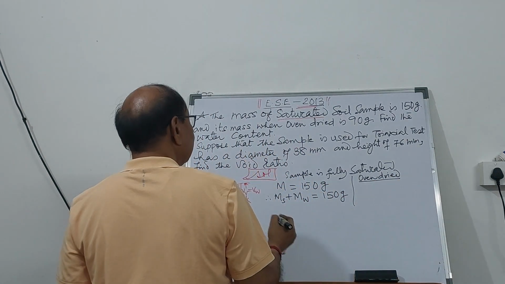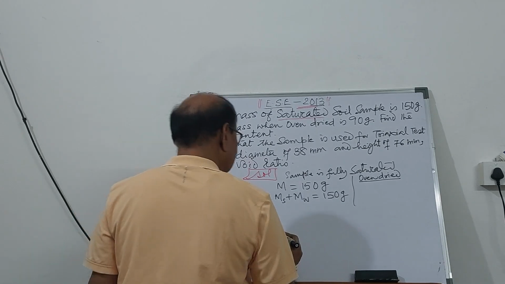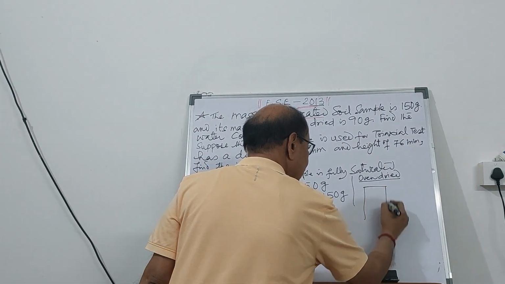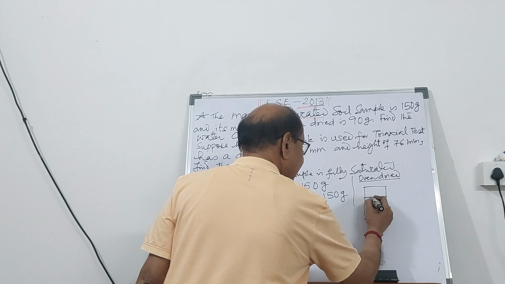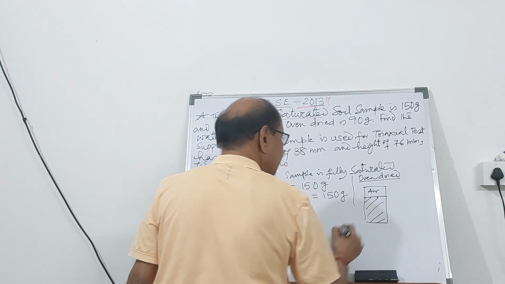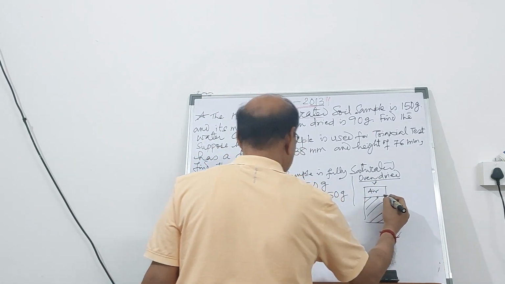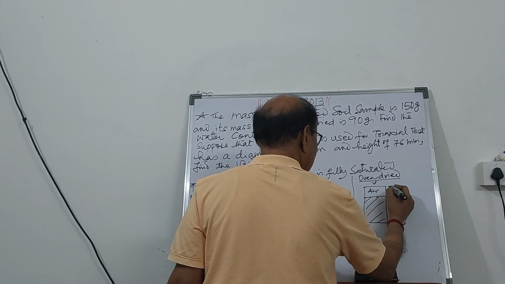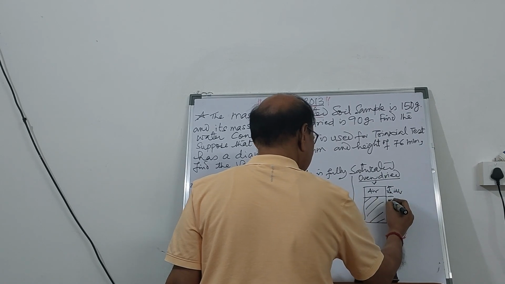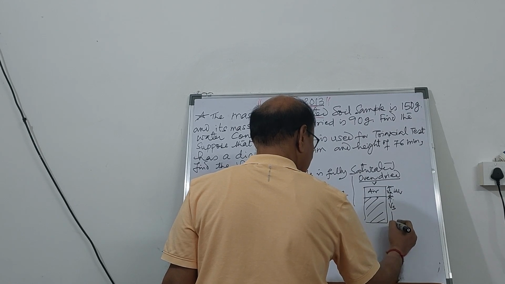Now, when it is oven dried, then the mass becomes 90 grams. So when it is oven dried, your three-phase diagram, there will be soil solids and here it will be air. So this side, it is the volume of air equal to volume of void, and this is the volume of soil solids.